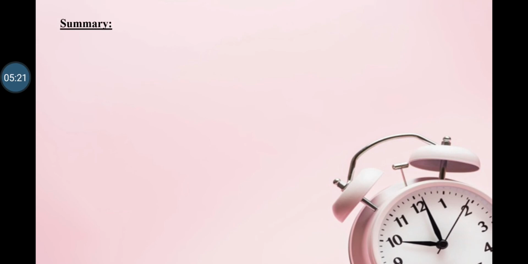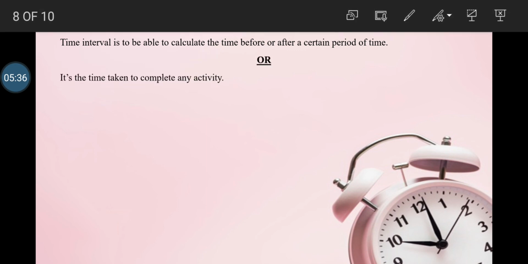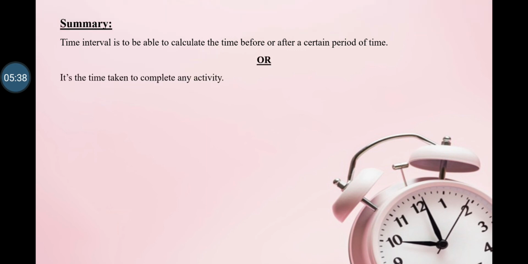I hope, my dear students, these examples are clear to you, and now you can subtract the units of time very easily. Let's summarize our lesson. Time interval is to be able to calculate the time before or after a certain period of time, or it is the time taken to complete an activity.